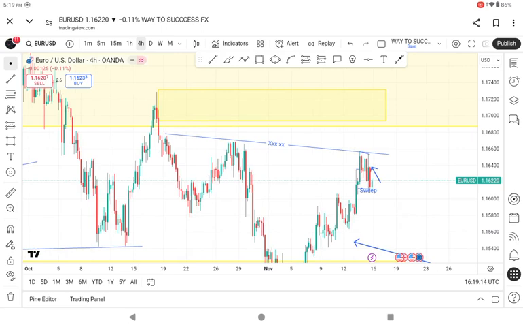Anyhow, I'm still going to be making a midweek breakdown on these two pairs, because recently I decided to keep things simple for myself, and it has been really working for me all this while. So I decided to be trading only two pairs, which is gold and EURUSD.